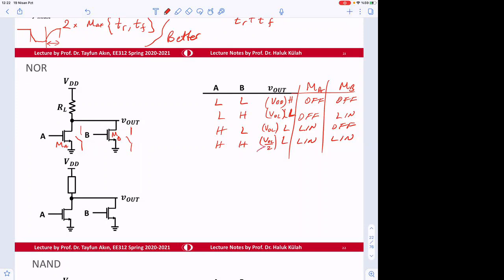I mean, this will be smaller than the output low, as it doesn't go linearly, but it will be close to half of it. Doesn't matter. This is called a NOR circuit. So basically, this will be looking like a NOR circuit. A and B, Z.